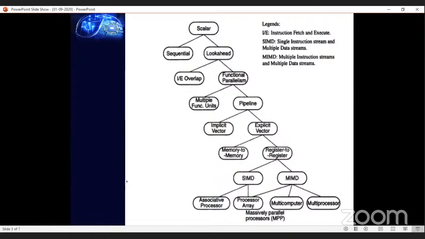But under functional parallelism, multiple functional units were introduced, so that they could do addition, subtraction, multiplication, and division at the same time. For example, an adder is allotted for doing addition always.